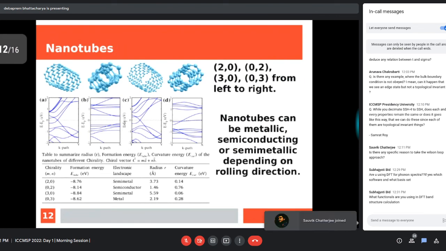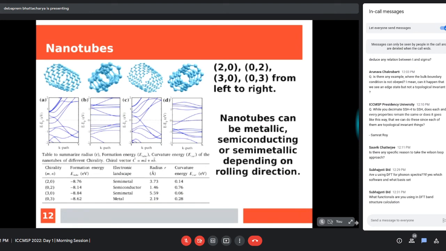We have used this material to construct some one-dimensional derivatives of it also. Nanotubes are formed with this, with a limited number of chiralities. Only (2,0), (0,2), (3,0) and (0,3) chiralities have been tested, because of the lack of computational resources, as studying these nanotubes requires a lot of computation since the number of atoms becomes very large for different chiralities.